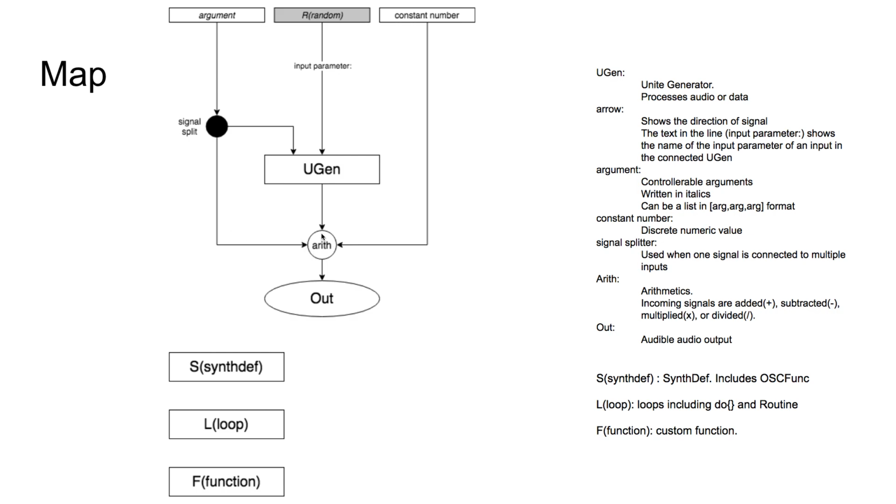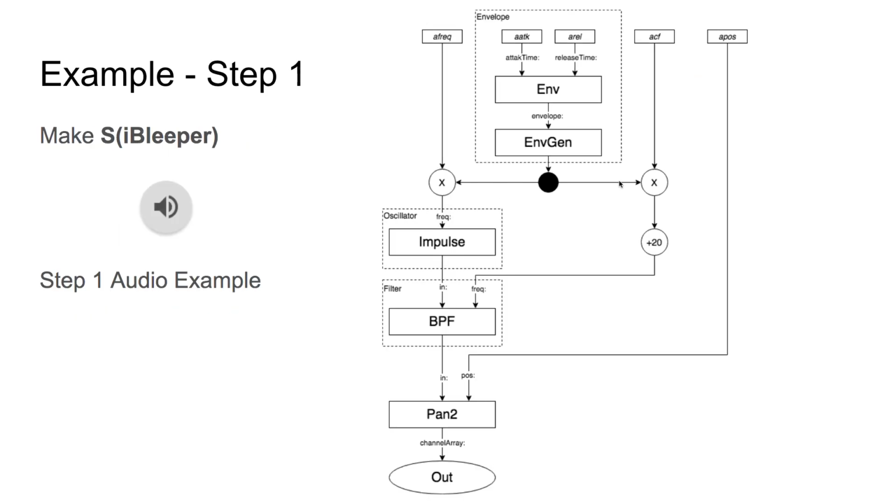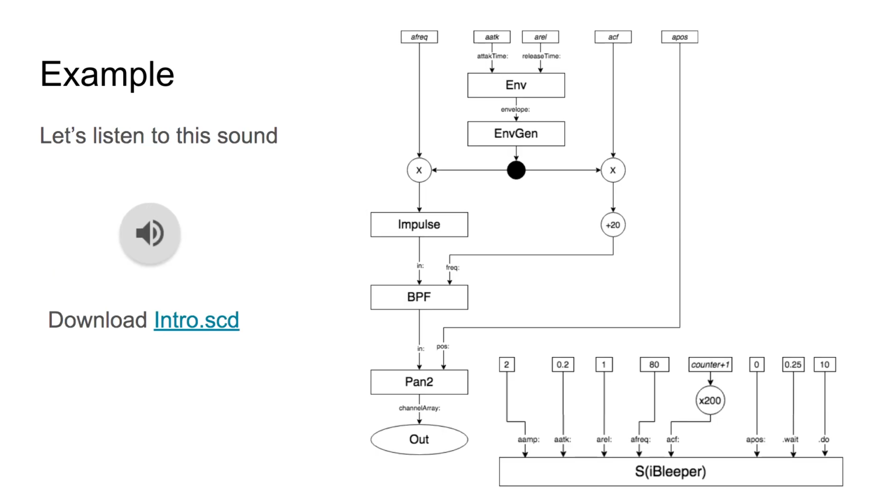Now, arithmetic, the blank circle, will be the mathematics: multiplication and addition and everything else, subtraction and division. Because digital music, in essence, is doing math.